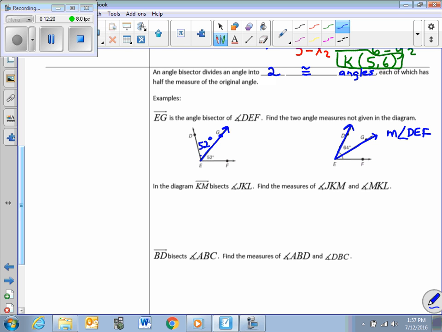Then each of these has to be 32 degrees. That's more representative of the picture, so we're going to go with that. Just remember, whatever the measure of angle DEG is, it also has to be the measure of angle GEF.